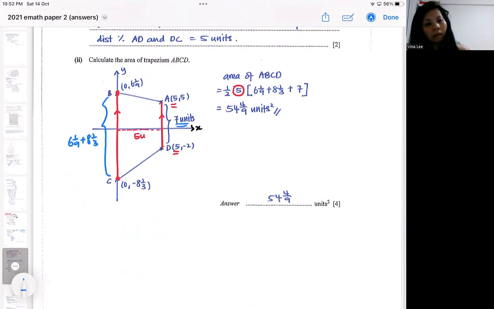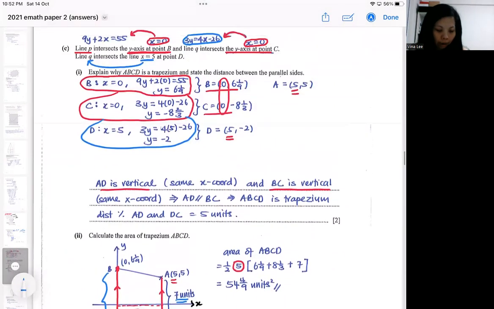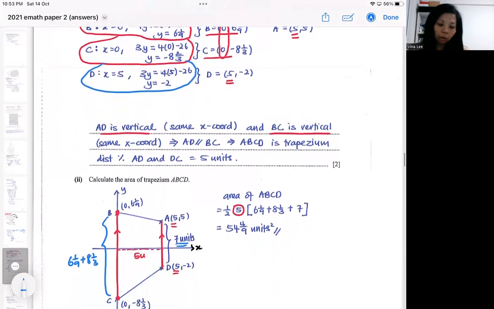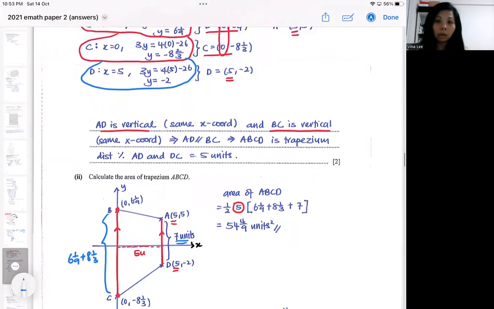So everything can be solved if you get the coordinates and draw it out. Don't leave this blank just because you don't know what they are talking about or you don't have the coordinates. Apparently, they give you the info to find the coordinates. With that info, you form your own sketch and you can do the explanation. So vertical lines are parallel. You have a pair of parallel lines and it's four-sided, so it ends up as a trapezium.